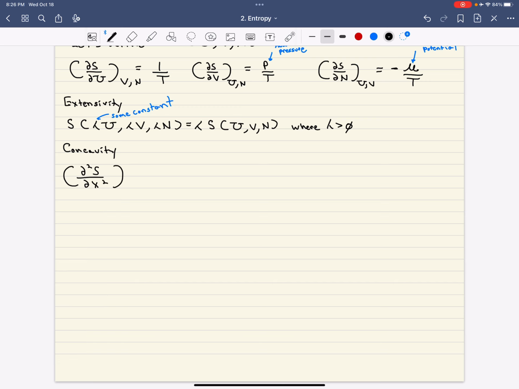If we take the second derivative of entropy with respect to some variable x, holding y and z fixed, that second derivative should always be less than or equal to 0, where our x variable in the second derivative is either internal energy, volume, or number of molecules, and y and z are the other two variables.